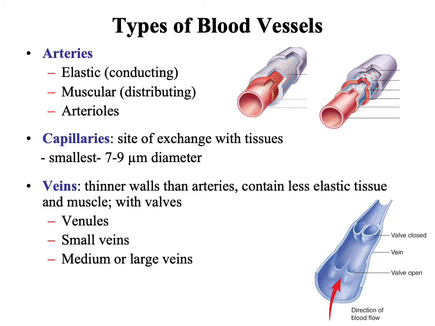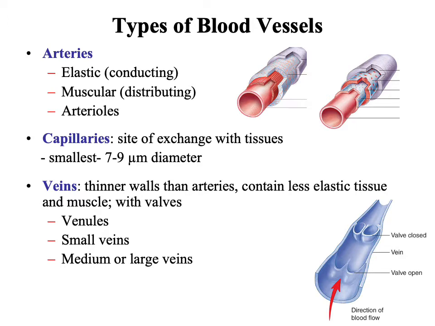And so it helps for them to be a little bit elastic or stretchy because they are the arteries that are bearing the brunt of the blood pressure that is being generated by the contraction of the heart. So the blood that is immediately pumped out of the heart, you're going to have the highest pressure right in that area. And then the pressure kind of goes down a little bit as you move farther away from the heart.